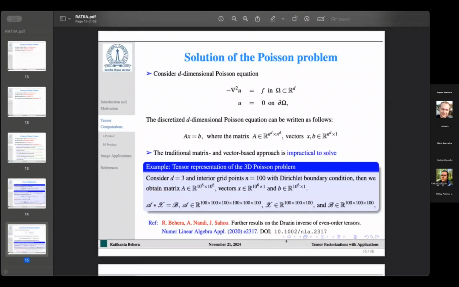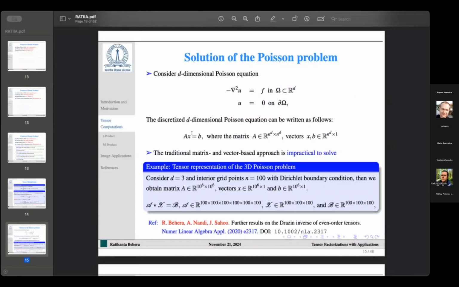Now, another application is the solution of the Poisson problem, which is like a higher-dimensional PDE. Suppose you have a d-dimensional Poisson equation with Dirichlet boundary conditions: del square u equal to f, and u equal to 0 on the boundary. The discrete d-dimensional Poisson equation can be written as Ax equal to b.